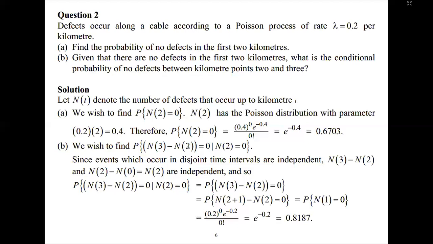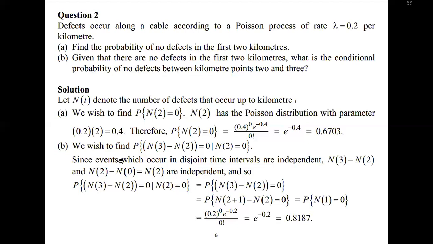So between the distance of 2 and 3 kilometers, what's the probability that no defect will be recorded? This is what we wish to determine: the probability that between 2 and 3 there'll be no defect, given that between 0 and 2 there's no defect.